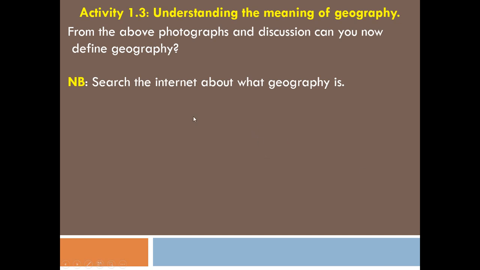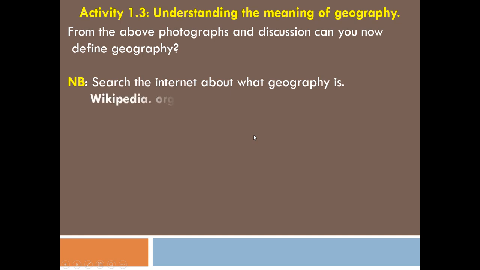One, we can search on the net; you can Google or Yahoo and establish how the internet defines geography. Then we can go to textbooks. How are textbooks defining geography? Or we can rely on teachers or people. How do people define geography?